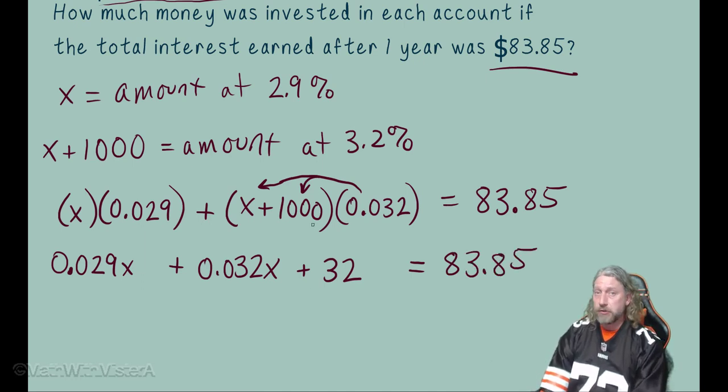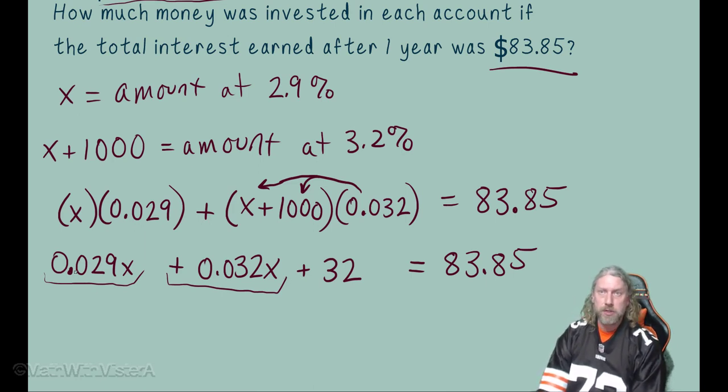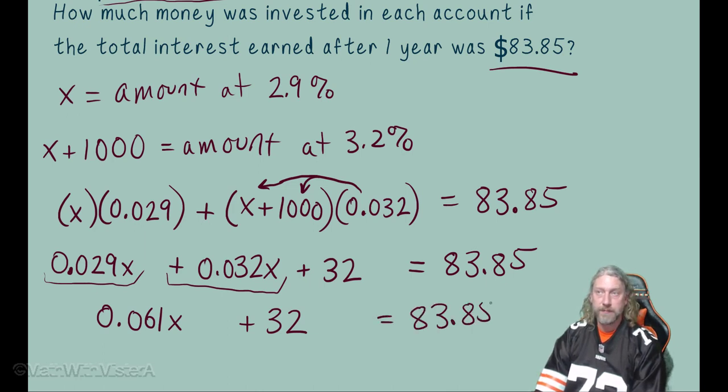Now, after distributing, we like to look for like terms that we could combine, and I think we see some. These two terms have the X variable, so we'll add up those coefficients, 0.029 plus 0.032. That's going to equal 0.061X, and then plus 32 equals 83.85.